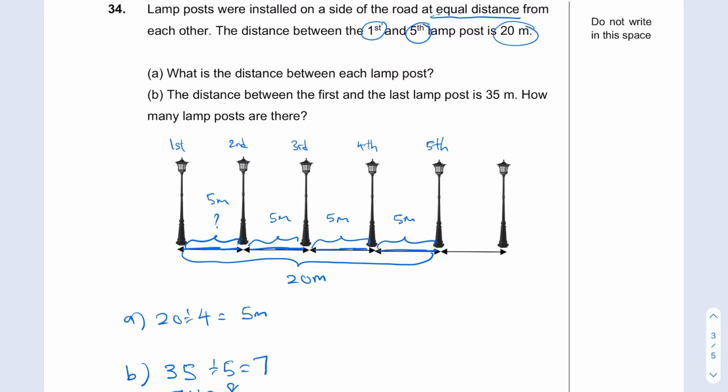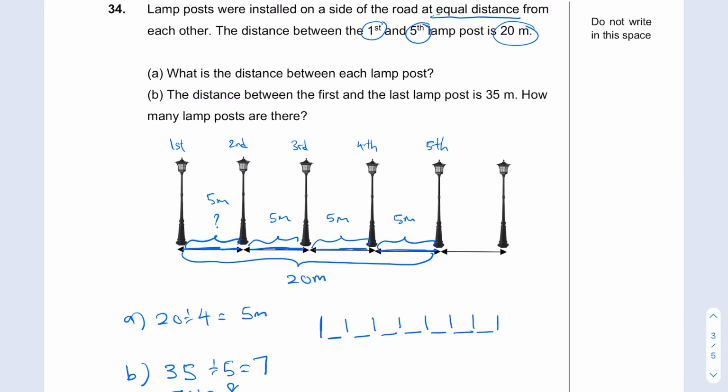So how do we check? I'm going to draw 1 lamppost here. And then we are going to add another lamppost for every 5 meters. So let's count together, okay? 5, 10, 15, 20, 25, 30, 35.